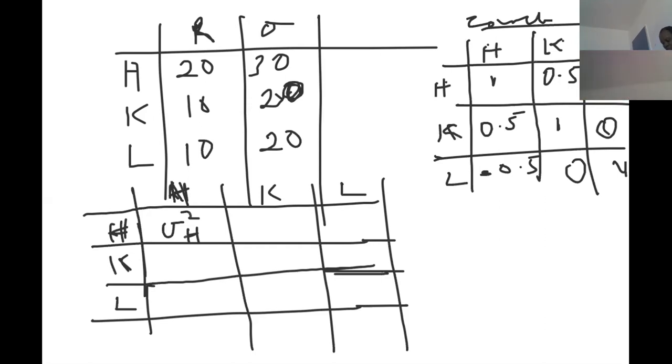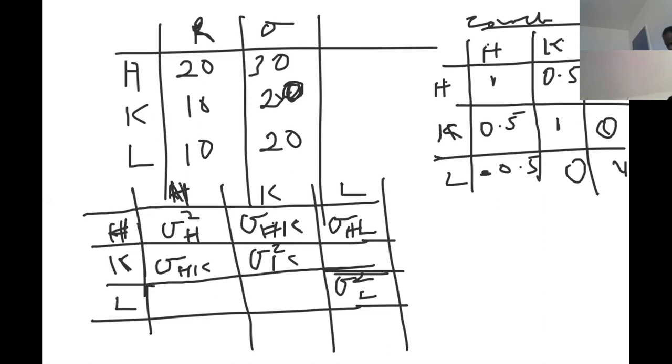So this becomes the variance of K, and this becomes the variance of L. Then we have the covariance between H and K, the covariance between H and L, and this one becomes the covariance between K and L.